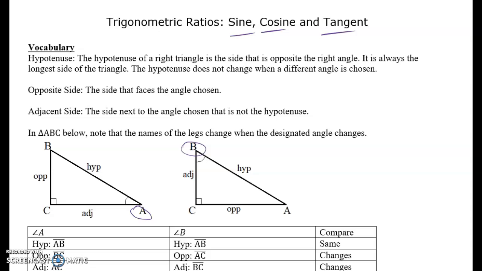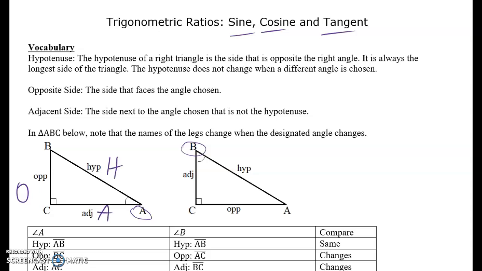The hypotenuse is the long side; it's always opposite the 90-degree angle, and the adjacent's what's left over. So when I'm labeling these, I would label that O, then I label my H, and then I label my A.